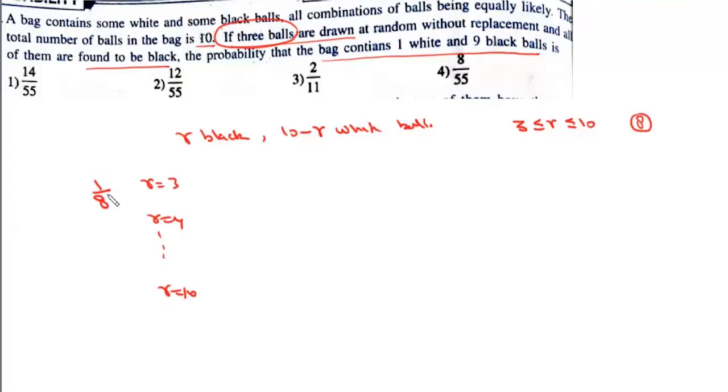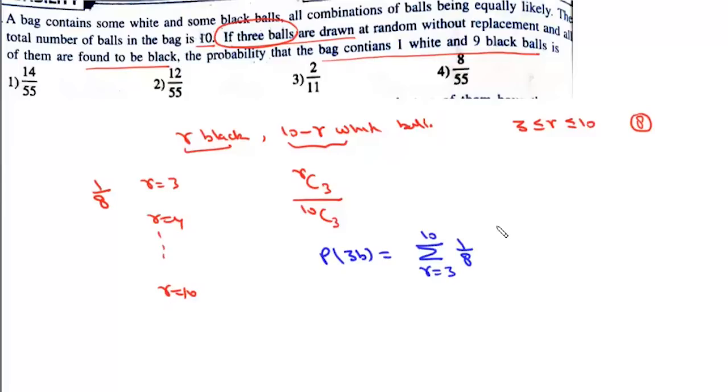Now when we have R black and 10 minus R white, then the probability of choosing 3 black will be given by RC3 upon 10C3. So this probability that we'll draw 3 black balls will be this summation 1 by 8, R varies from 3 to 10, RC3 upon 10C3.